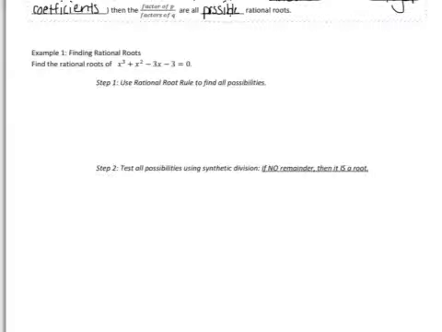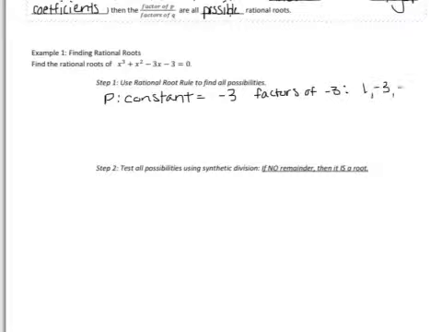Alright, so with that, we're going to first find what p is. P needs to be our constant, which is -3. What are the factors of -3? We get 1 and -3, or -1 and 3.